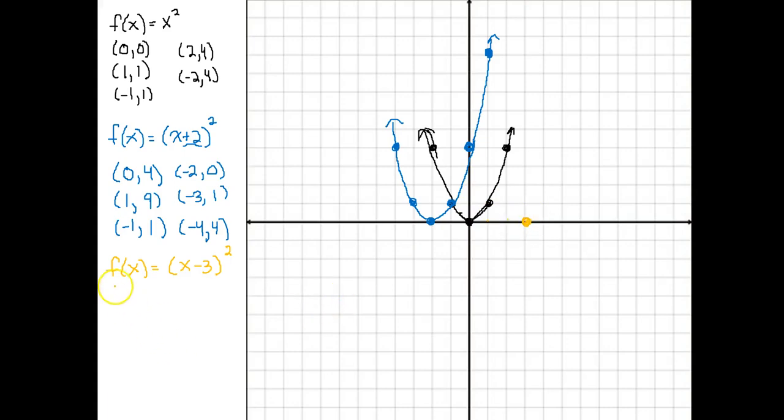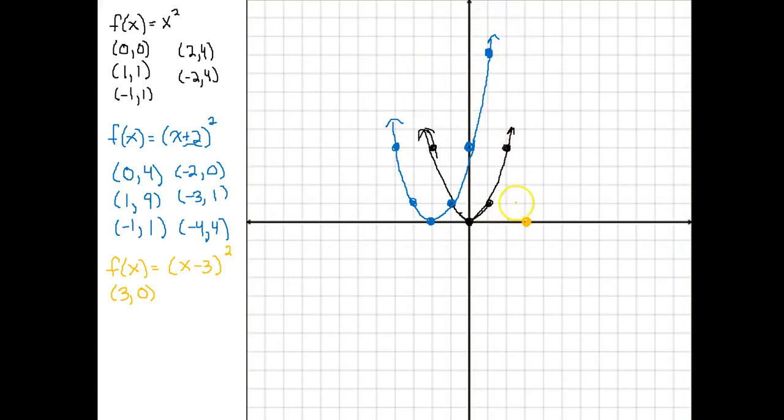Because if I plug in 3 now, 3 minus 3 will give me that 0 I need. Subtracting 3 from x means I have to add 3 to the x values and compensate for it. It's almost like you're canceling it out in a sense. So all those original points are shifting to the right 3.